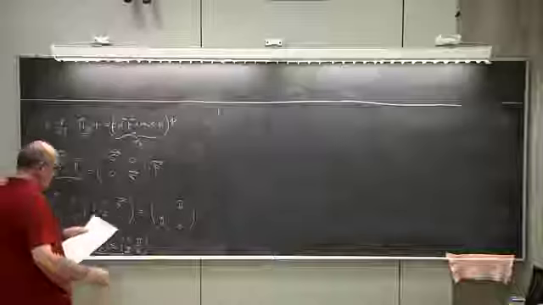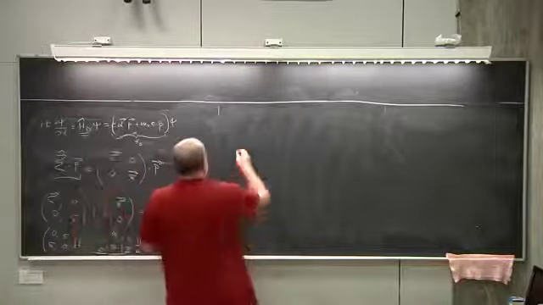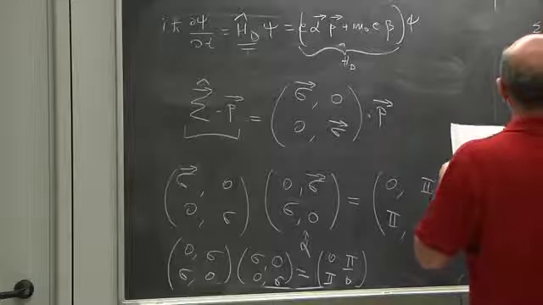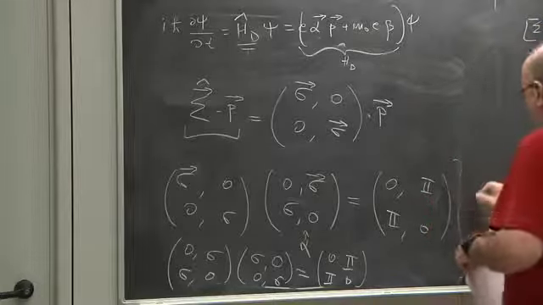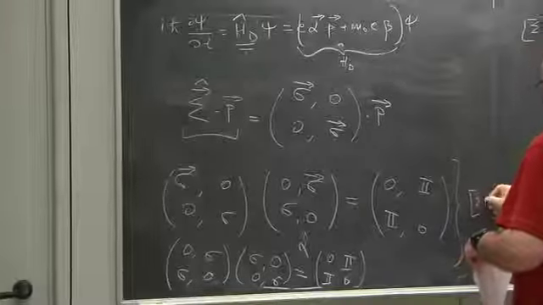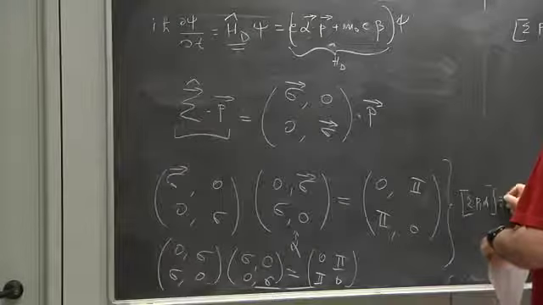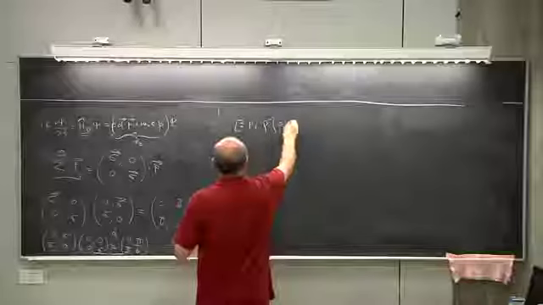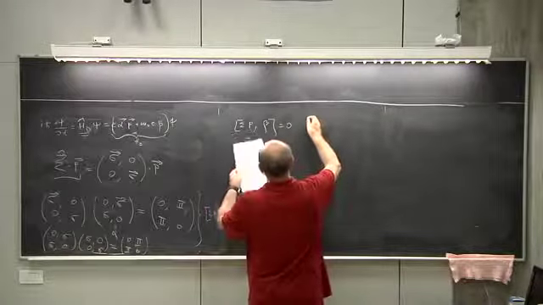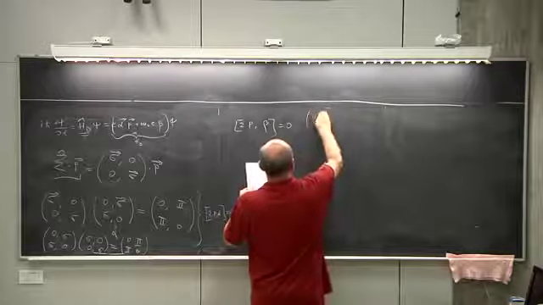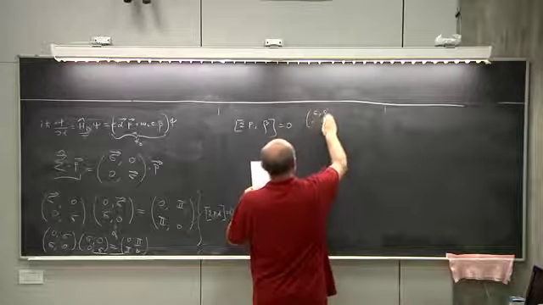Now let's prove that it commutes with beta. Well, sigma dot p and beta. We have checked that sigma dot p commutes with alpha. Now we check that this commutes, and it is as simple as this. Let's forget for a moment the p. We have sigma, 0, 0, sigma.